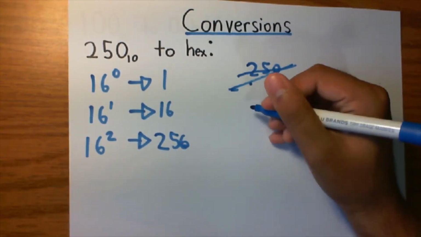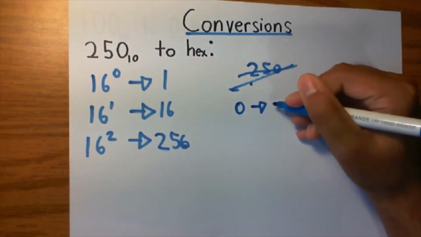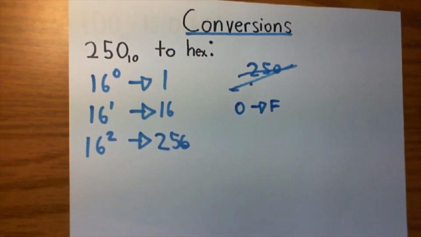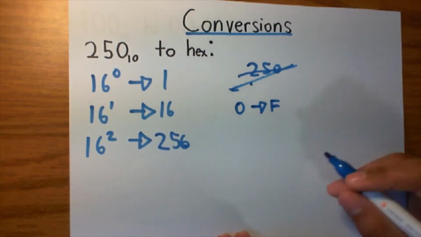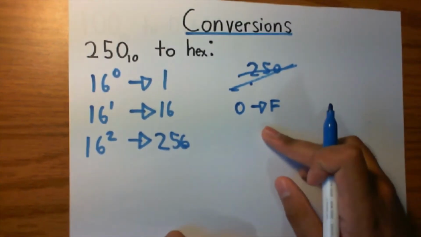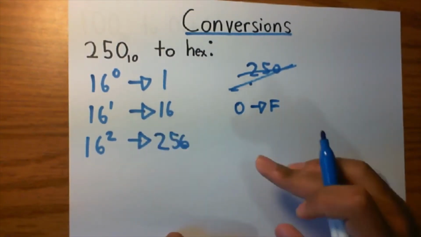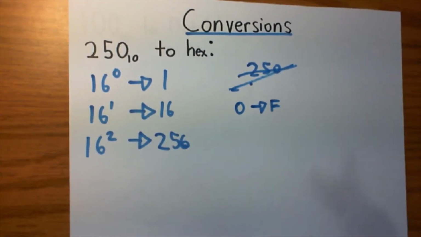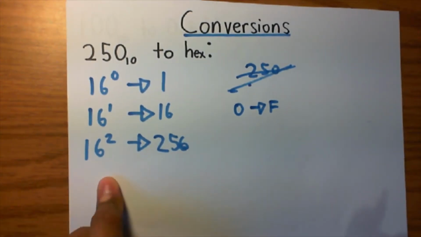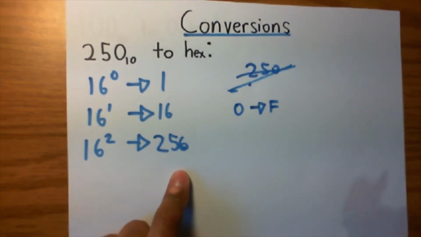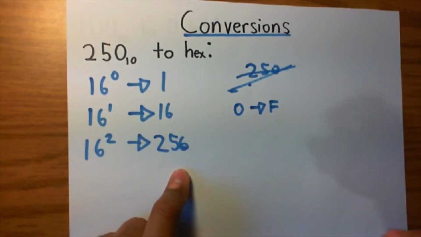So you have values from 0 to f, which is 0 to 15, that you have to look at. So you have to multiply values from 0 to 15 times 16 and see if you can find something less than 250. So you know that 16 times 16 is 256. So that's just barely above.